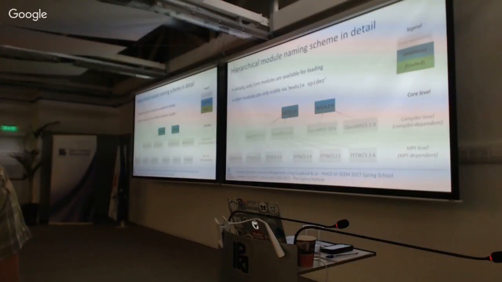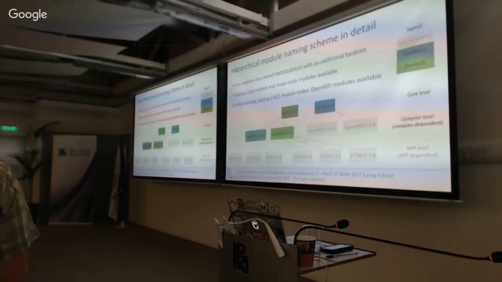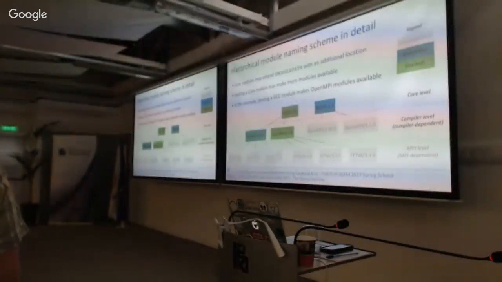Now, how this works is when you pick a compiler, when you load one of these modules, suddenly other modules become available. So these 2 OpenMPI versions were built with this version of GCC. This should be blue, so blue for only this one is loaded at this point. This opens up another box of modules that users can suddenly use.